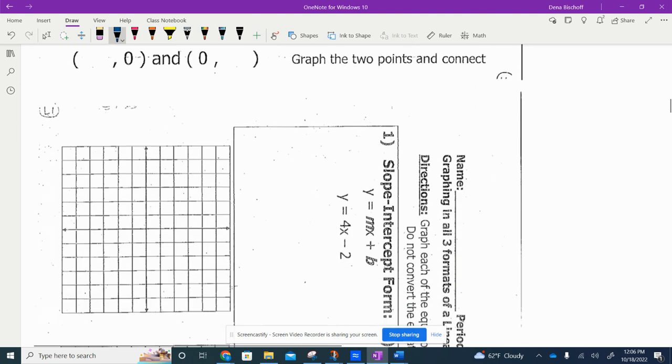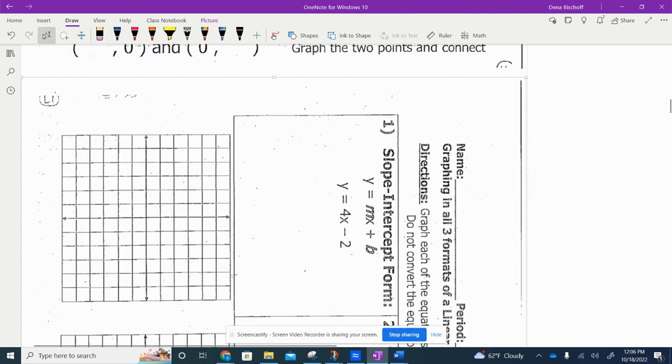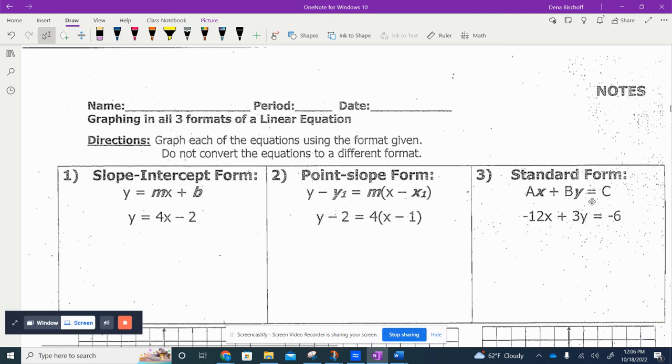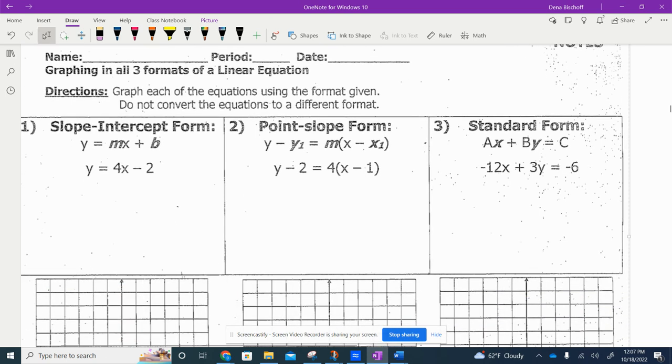Okay. So this one right here is a little weird, and I think that I can rotate it. You won't get a decimal. So it says graph the equations using the format given. All you're doing is graphing them. So this one tells you what your slope is and what your y-intercept is.